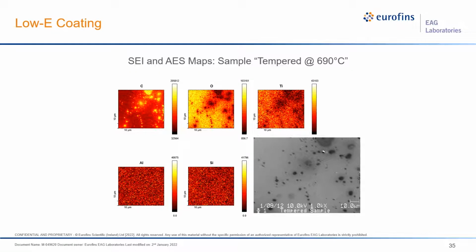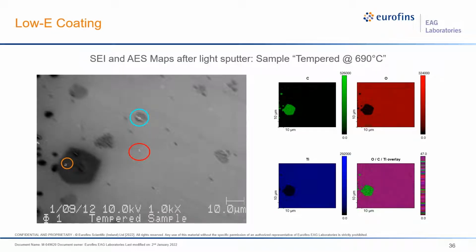When we zoom in and actually look at the area of interest and map out carbon, oxygen, and titanium, we see in this particular case, the green, we see carbon only in this area, not in the field areas anywhere else, not even in this area 3, where even though in SEM and optical image you see something going on there.